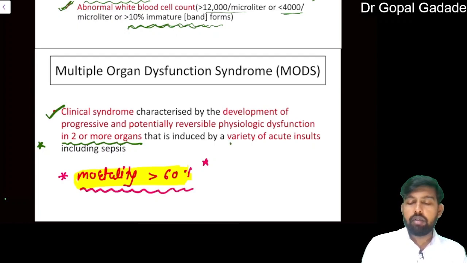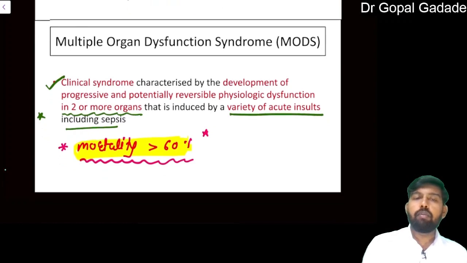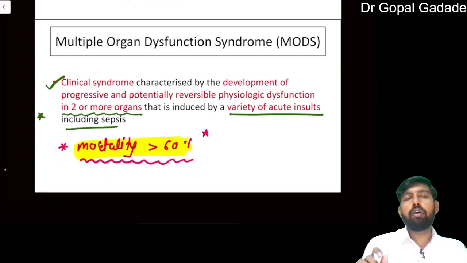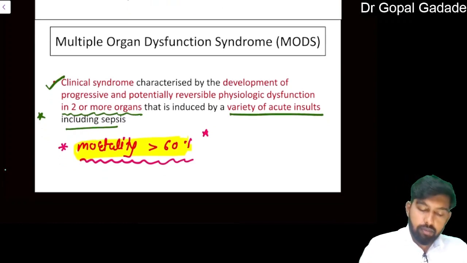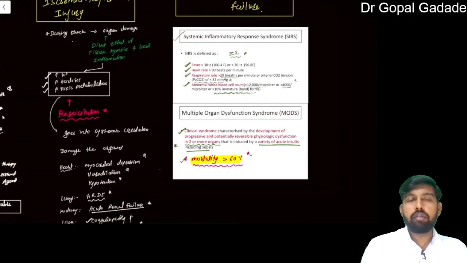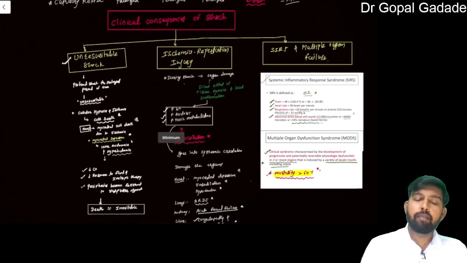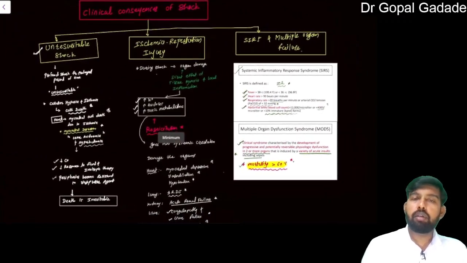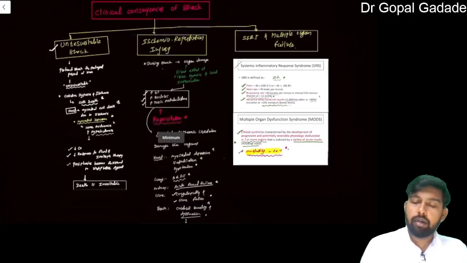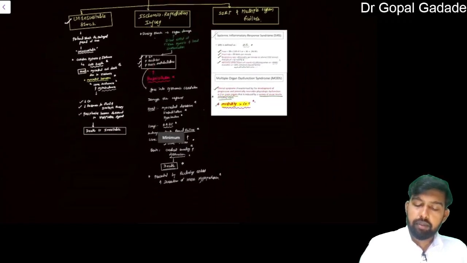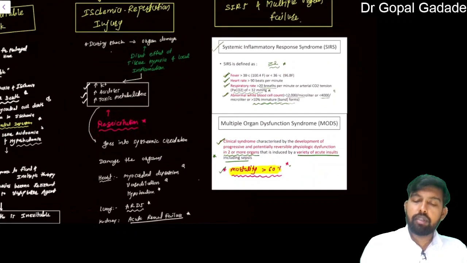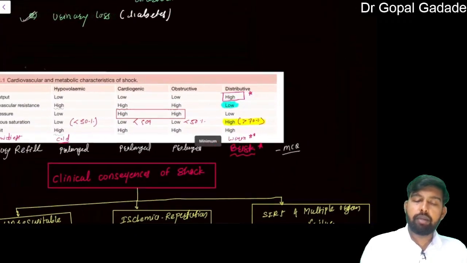It is induced by a variety of acute insults, including sepsis, and the mortality in case of multiple organ dysfunction syndrome is more than 60%. So these are the clinical consequences of shock. It can be unresuscitable shock, or reperfusion injury, or systemic inflammatory response syndrome, or multiple organ dysfunction syndrome. So this is about the pathophysiology behind it.